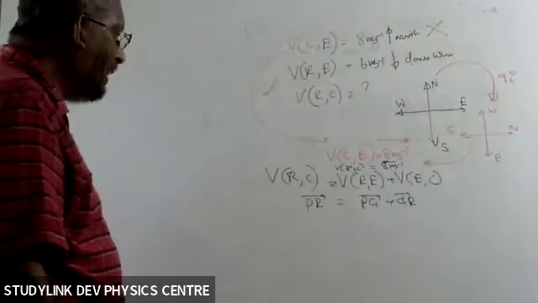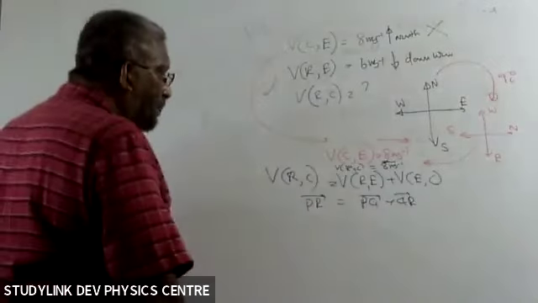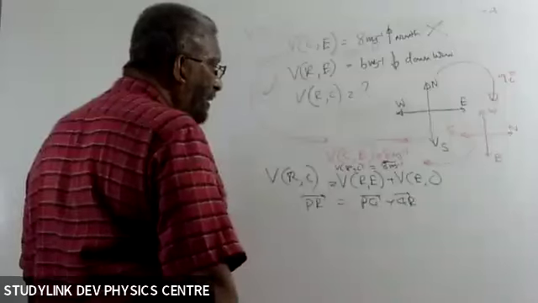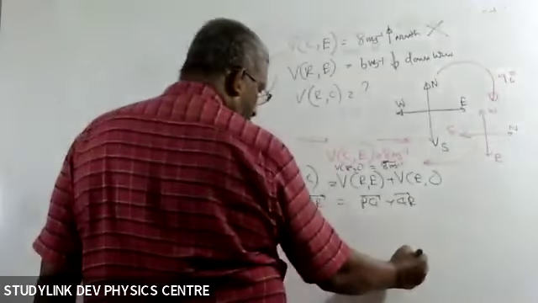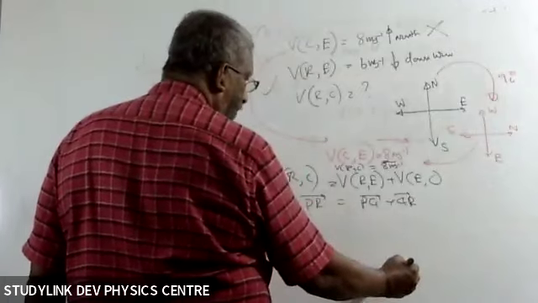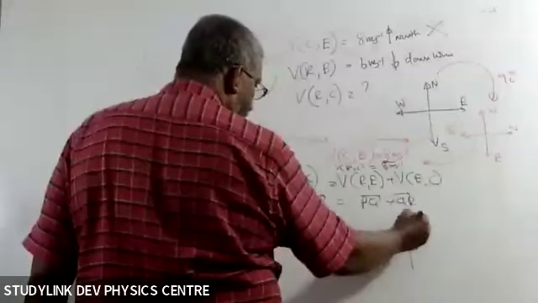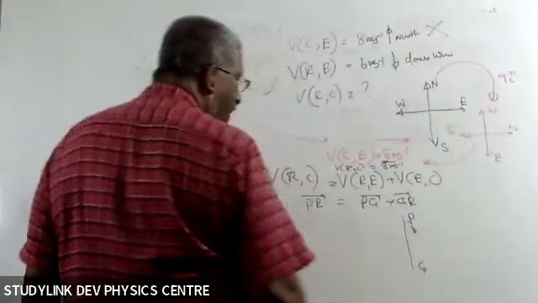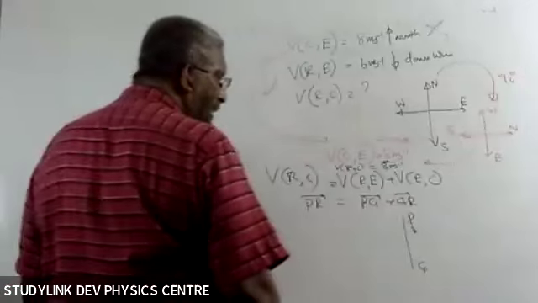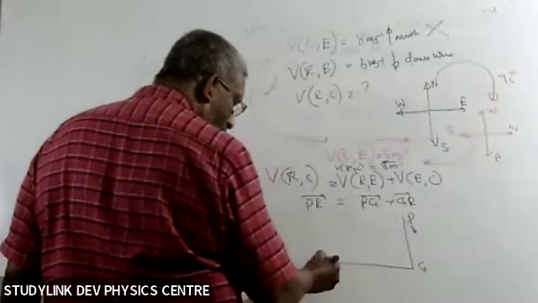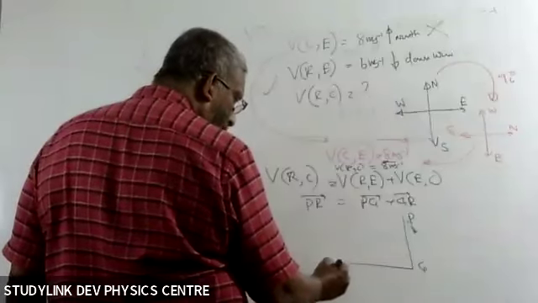Then in our diagram, PQ is V_RE, vertically down. Then V_EC is QR, from here towards that direction.